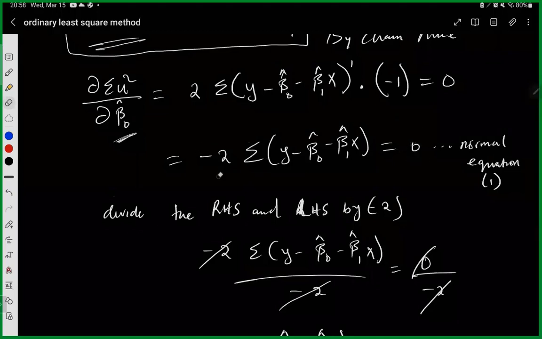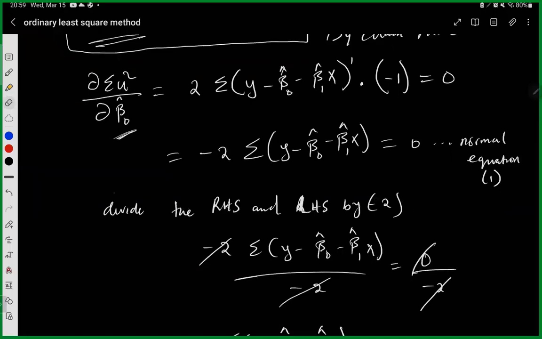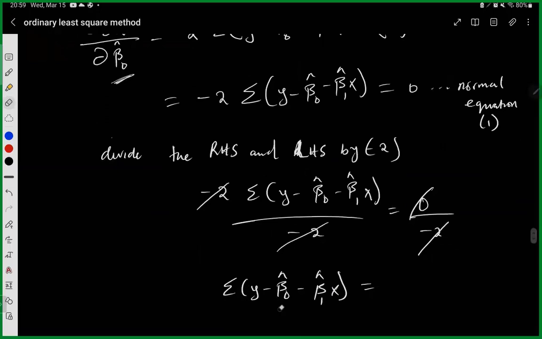So we can simply divide throughout. This is what we've done here. We divided this into that, and what we do on the left-hand side, we also do on the right-hand side. So we divide both sides by -2. This is what we have, and the result is what we were about to write here, which is equal to 0.